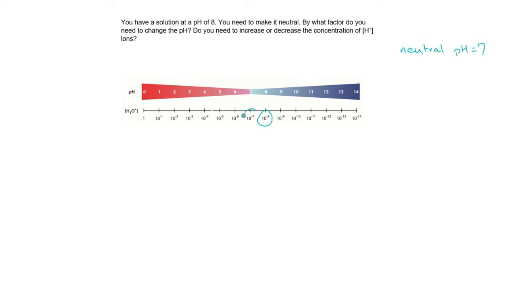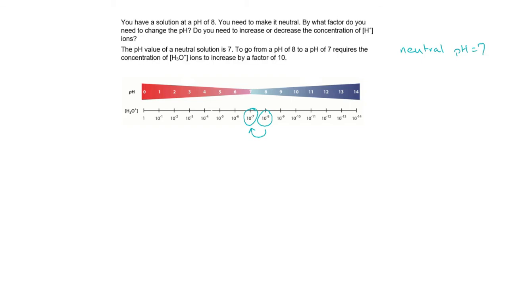Here is our neutral pH on our scale. So we need to make the step from a pH of 8 to a pH of 7. We are going from a concentration of 10 to the negative 8 to 10 to the negative 7th. That is an increase in concentration, and specifically it is an increase in concentration by a factor of 10.